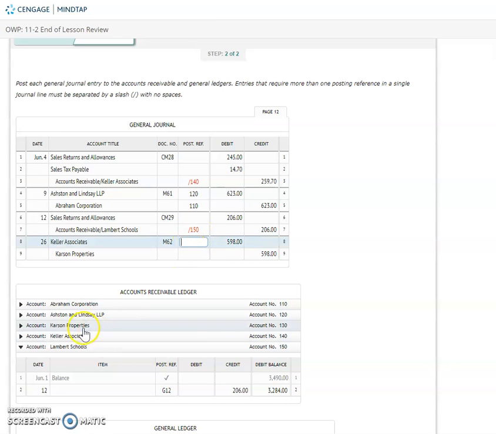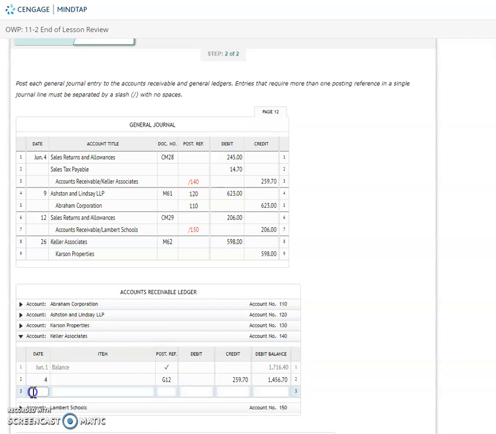The last two customers I have, Keller Associates, the 26th, G12, and I'm going to debit their account for 598. I have a debit and a debit, so I'm going to add. My new balance is 2,054.7.